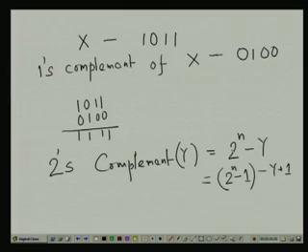Now, see 2 to the power n minus 1 we have already defined as a 1's complement. So, 1's complement minus y plus 1. This is 1's complement plus 1, the 2's complement.